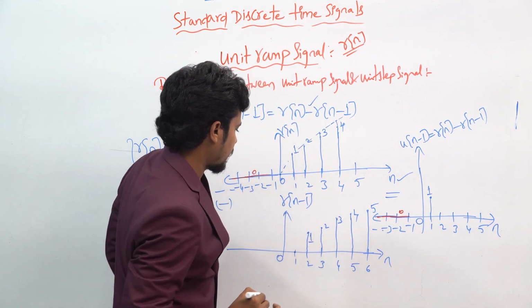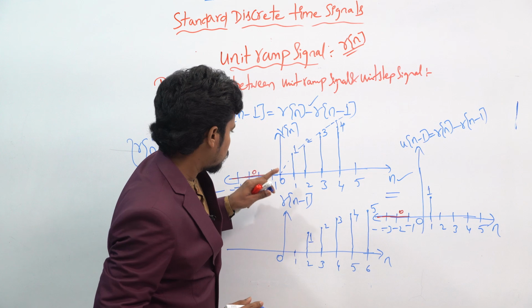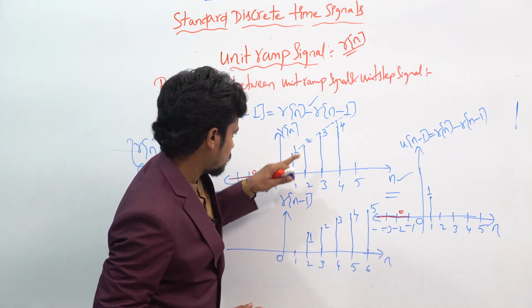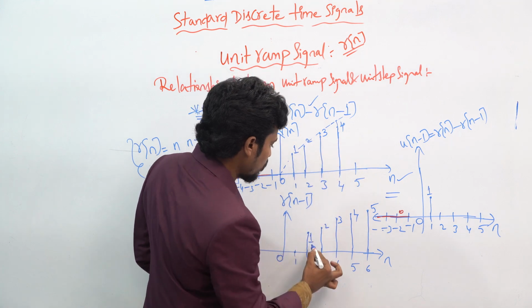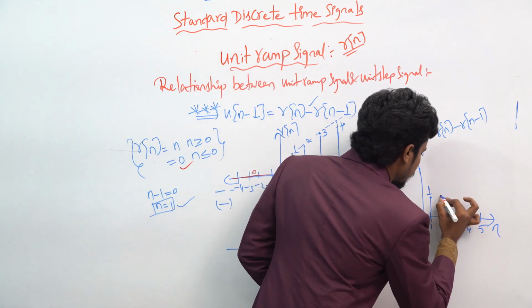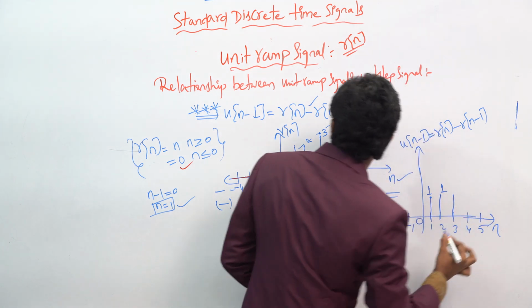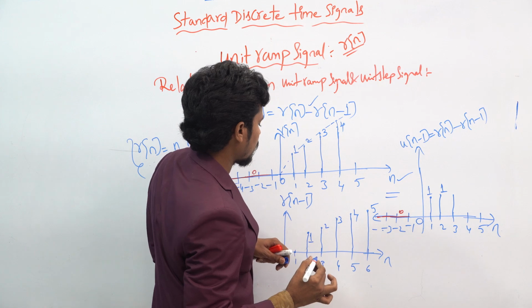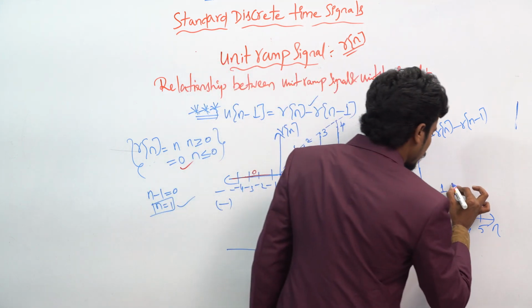For the second, 2 minus 1, how much? That is 1. Next for 3, 3 minus 2, you will get 1.